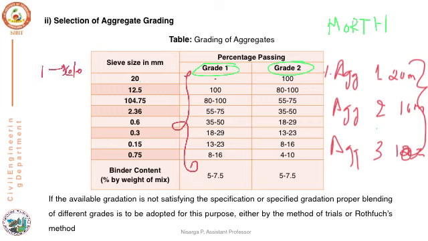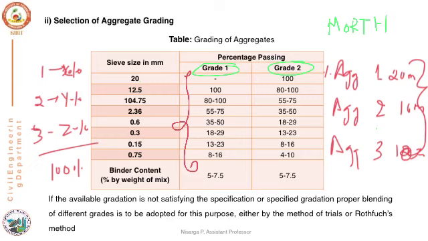Let us say aggregate 1 we are using X percentage, aggregate 2 as Y percentage, aggregate 3 as some Z percentage. When you add all these, you should get 100%. So when we mix the various aggregates in some proportion, we should obtain the gradation specified by the MORTH.